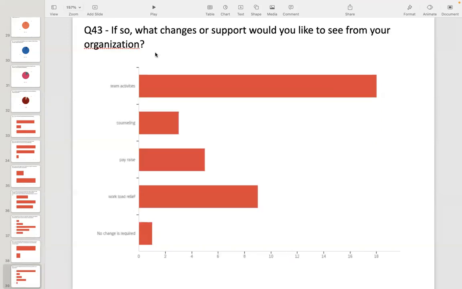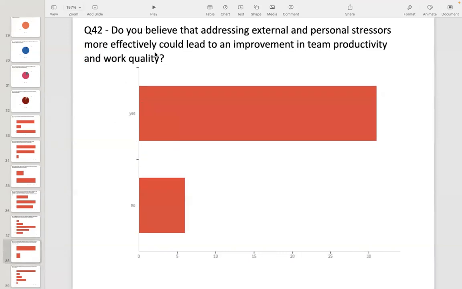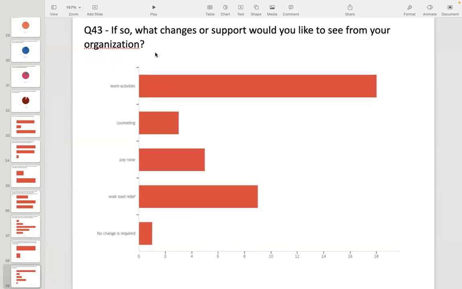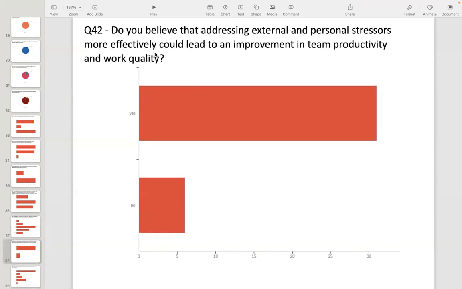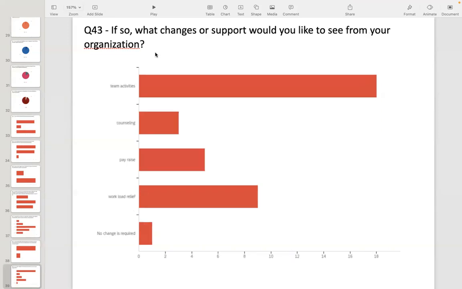And to our surprise, this turned out to be one of the important factors, because external and personal stressors are also something that most of the time people don't talk about in the organization. So we also asked if they want any changes from the organization or support. And most of the people said team activities.